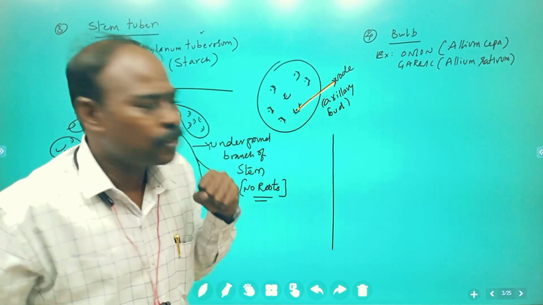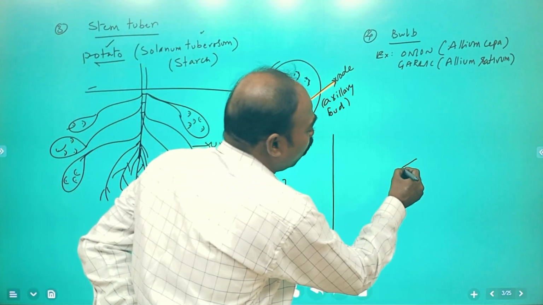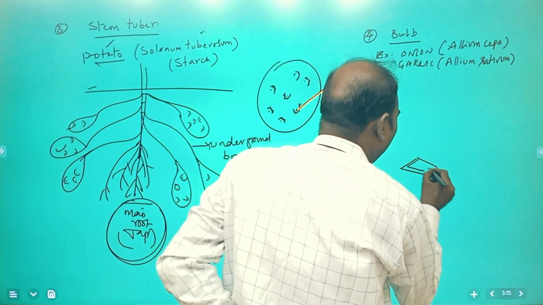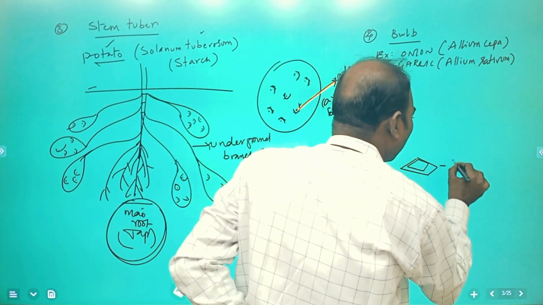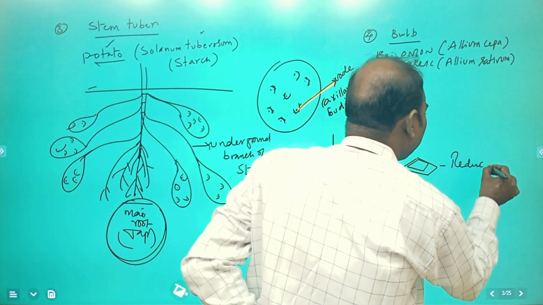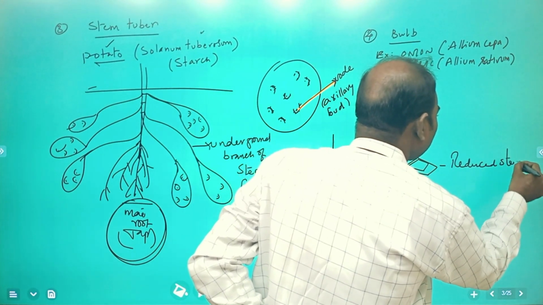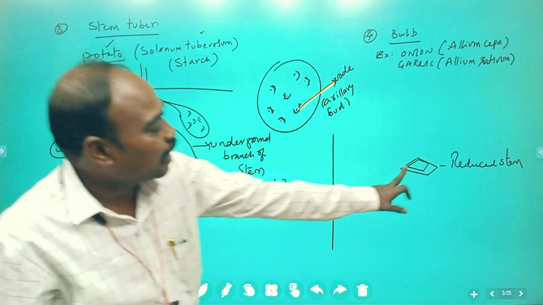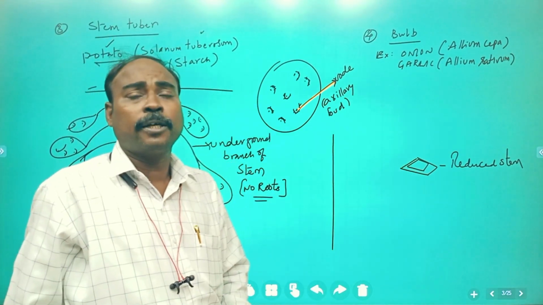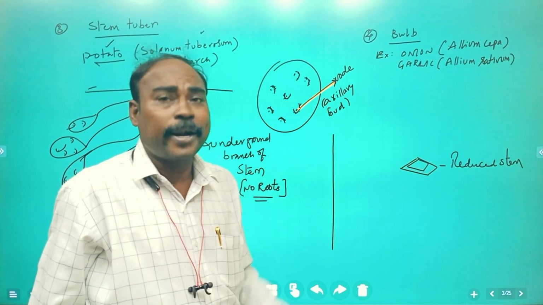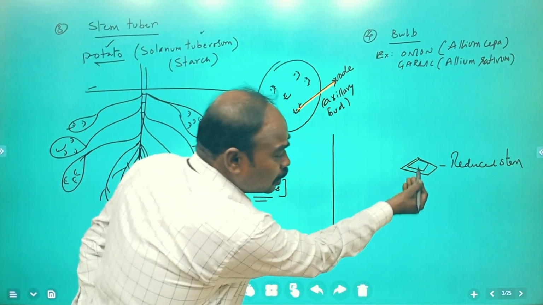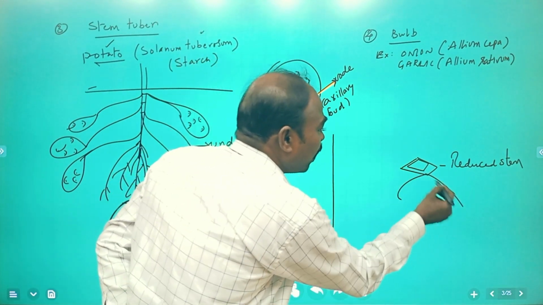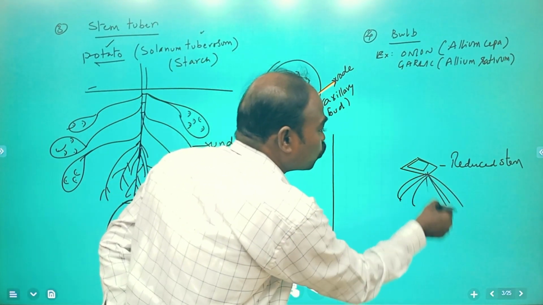In these plants, the underground stem is discoid or biconcave, so a reduced stem. Towards the lower side of the reduced stem, a number of adventitious roots are developed.